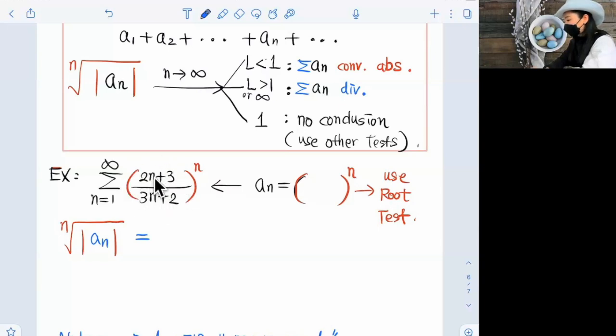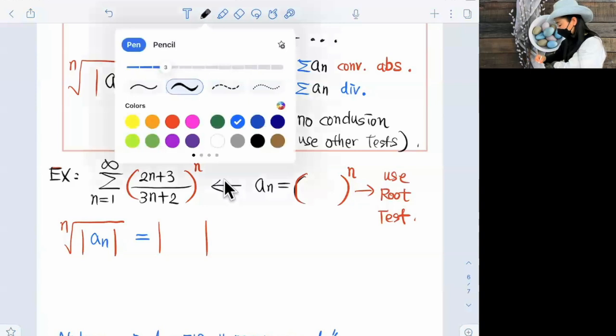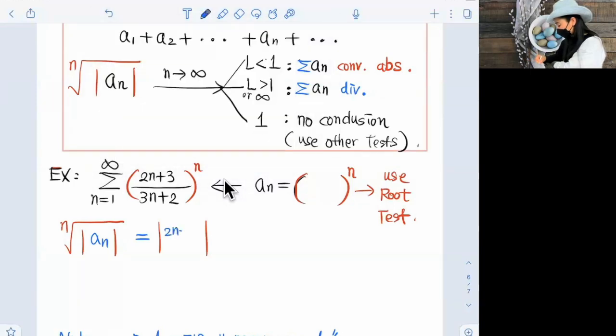This one inside, the absolute value of that. It is already positive, so you don't need the absolute value, but it's a good habit to put the absolute value there to be safe. So then you will have (2n plus 3) over (3n plus 2). This is always positive anyway, so we can actually drop the absolute value here.